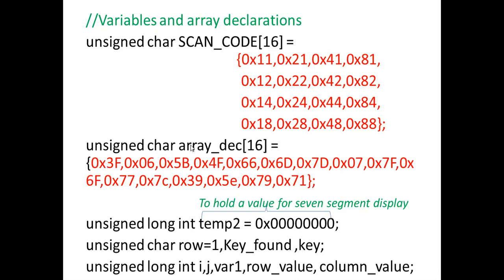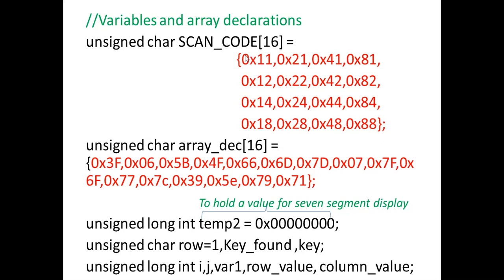Now we are declaring another array named array_decimal, which also consists of 16 elements, and it is of unsigned character type. So obviously your compiler is going to reserve 8 bits for each element in the array. Here these values correspond to the number that's supposed to be displayed for each key.